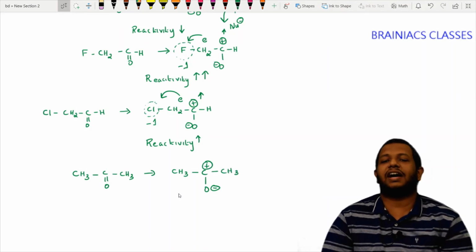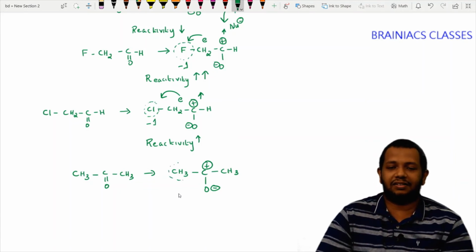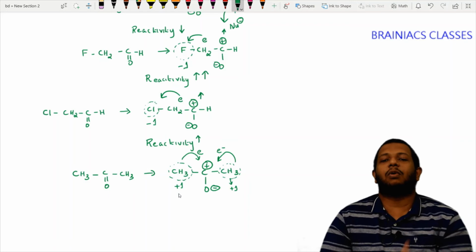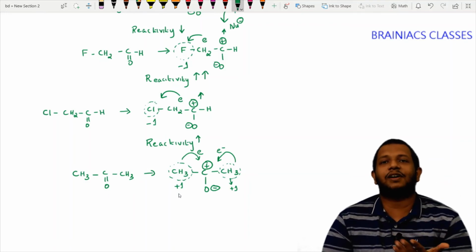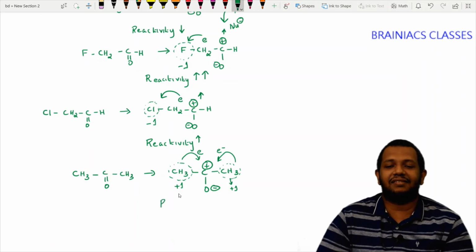Now you know that two CH3 groups are connected. So what is happening basically, this has plus I effect, so this will donate electrons to this side, and this also has plus I effect, so this will also donate electrons here. If both are donating electrons to the central positive carbon, the positive charge will disappear, correct? So I can say the reactivity decreases very fast.